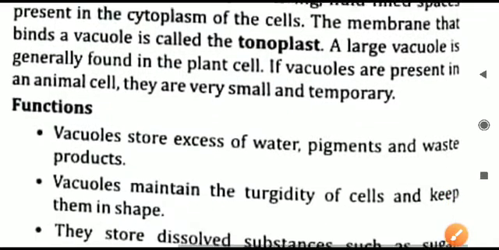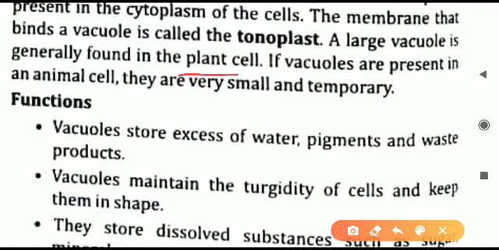And if we compare the plant and the animal cell, in the plant cell a very big, large vacuole is present. In all the plant cells, large vacuoles are present. Why is it so? Because vacuoles will store, I am coming to the functions, they will store excess water, pigment, waste product, all the extra things. Because of that the plant cell has a very large vacuole.